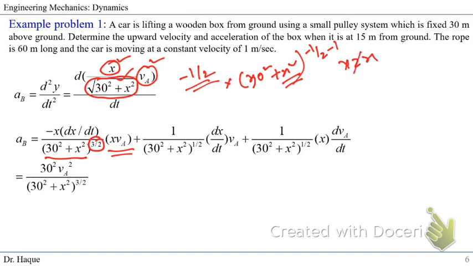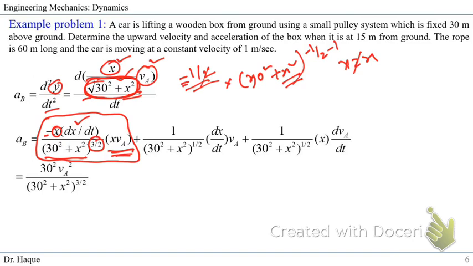Twice x, these two cancel out, so we are left with this x. And since we're taking the derivative of y with time and we're dealing with variable x, we have to add dx over dt, which is in turn VA, and we have the term that we have not touched. So this is how we get the first term, and the negative comes from the negative half of the power of this term.